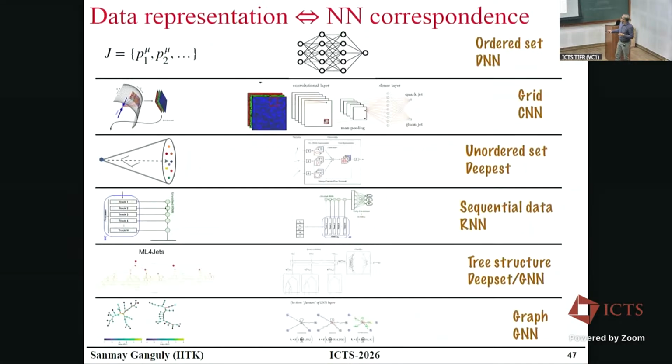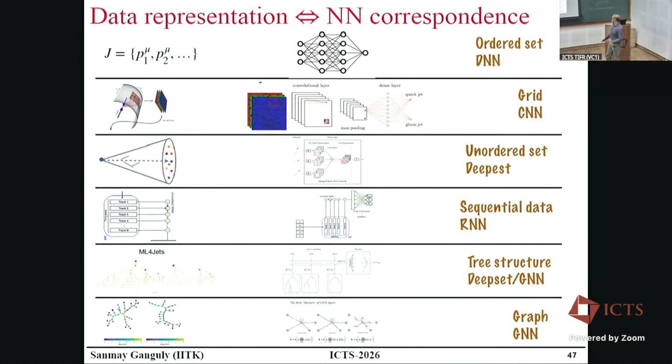So people started thinking, what is the best way to represent such a data structure? I have a bunch of particles releasing energy in my measuring device, and I have to use this information to get the best out of it. So people started thinking about how to represent a jet. Because remember, a jet is a cluster of particles.